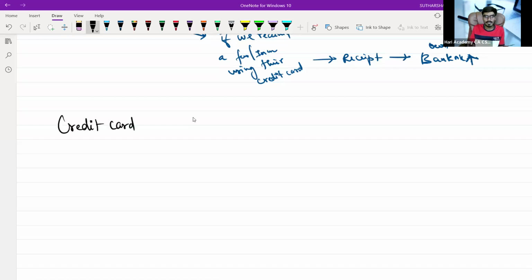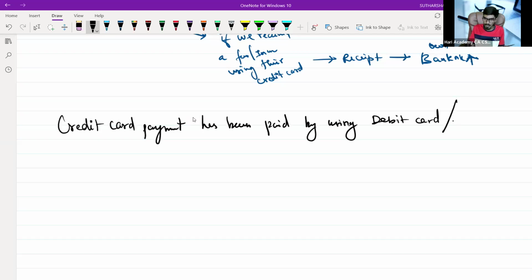Credit card payment has been paid by using debit card or UPI. What I will do, in my example, HDFC credit card account debit to bank account. Assuming I am having cash in my KVB bank account.